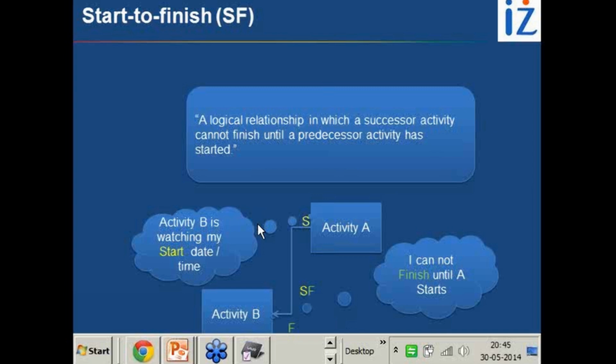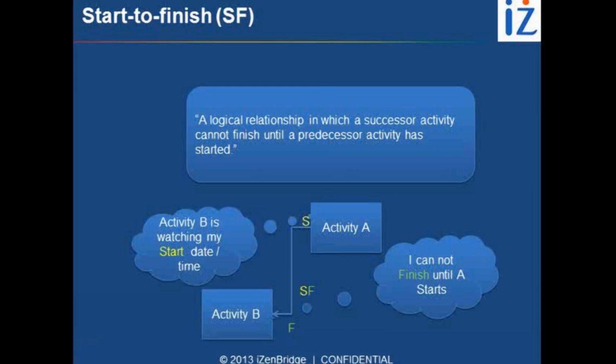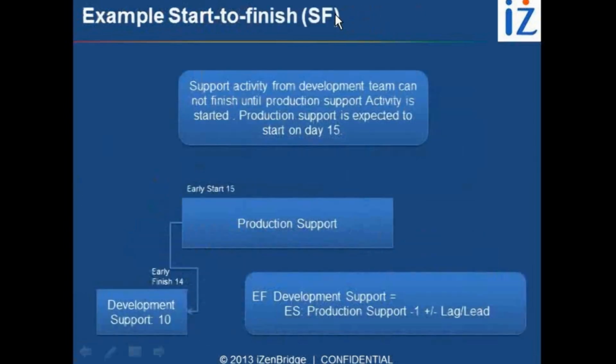Now let's look at some examples, because you don't have to understand too much about this situation. I have tried to make a simple example using a case. Support activity from the development team cannot finish until production support activity is started. Sometimes a development team keeps supporting the production deployment till the production support team comes and takes over. The production support team is not dependent on the development team.